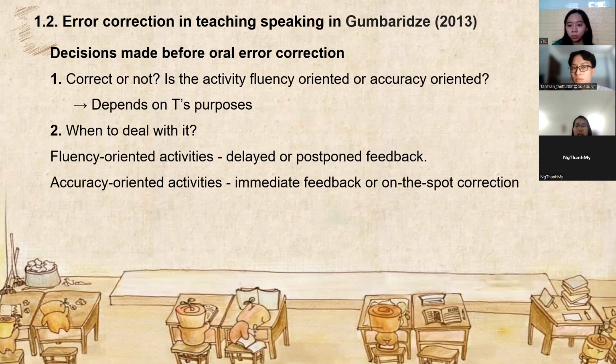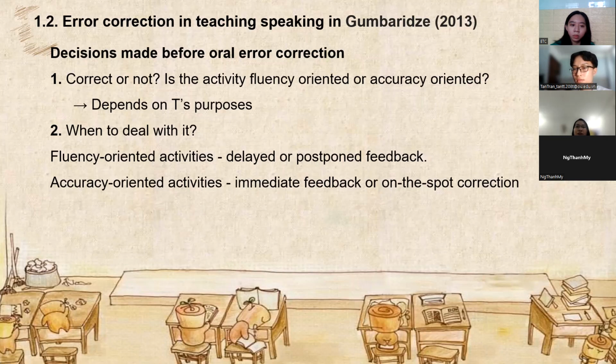Like you just said, if we just focus on fluency, we do not need to correct every mistake that students make, and we try to push students to keep speaking continuously.